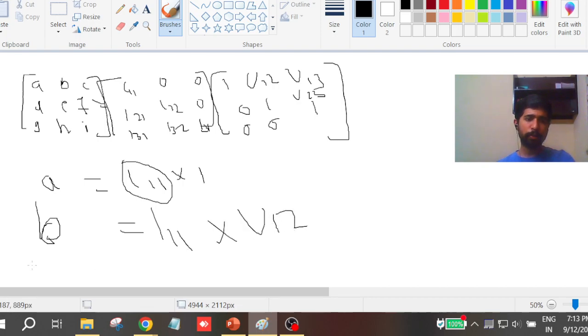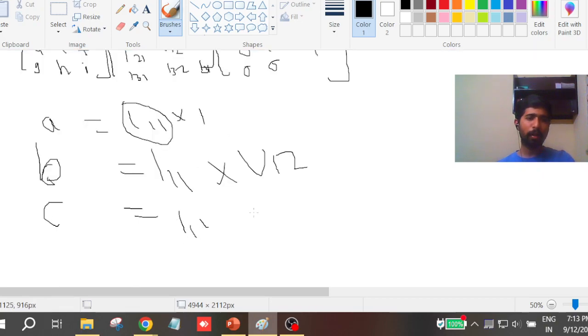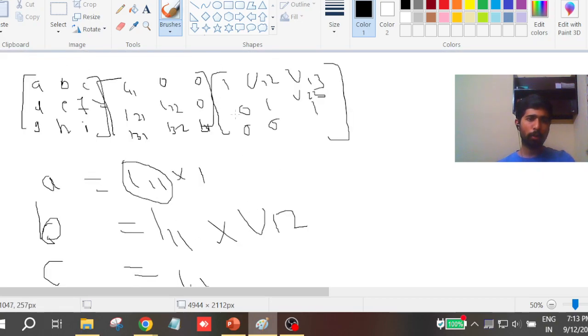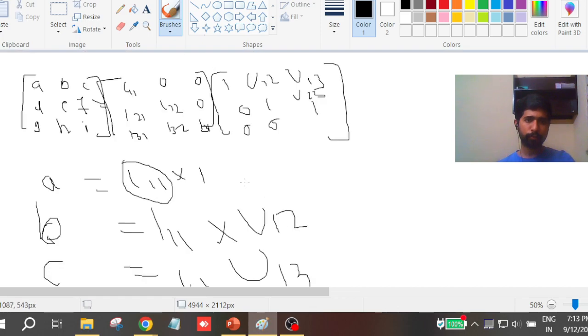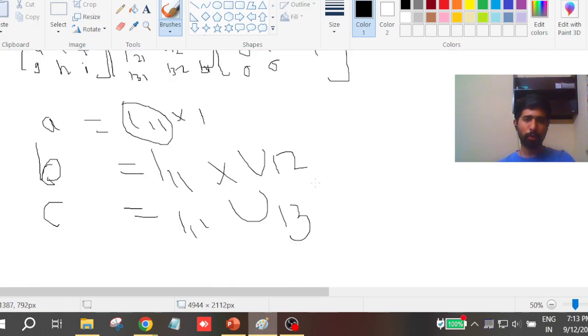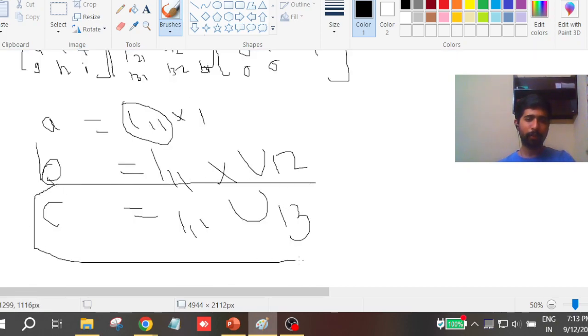Now similarly C value you will get as L11 into U13 plus 0 into something, 0 into 1. So that will be anyway 0. So you will get this type of equation.